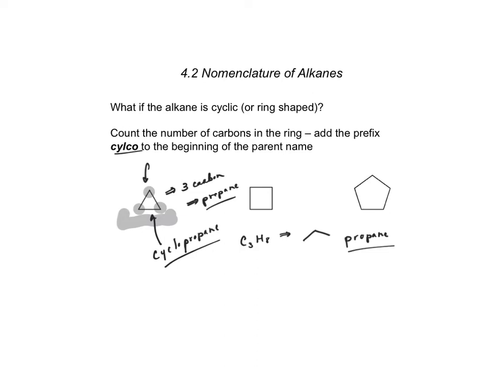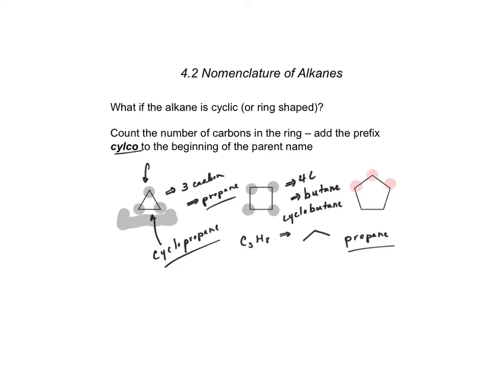Same thing here. We've got 1, 2, 3, 4. So if we looked up on that chart, or if we memorized 4 carbons, the prefix for that is but. So the parent chain here is butane. But again, this is a cyclic structure. It's a ring. So to denote that, we have to say cyclobutane. And then finally, we have this guy on the end.